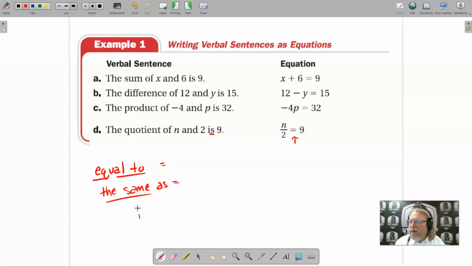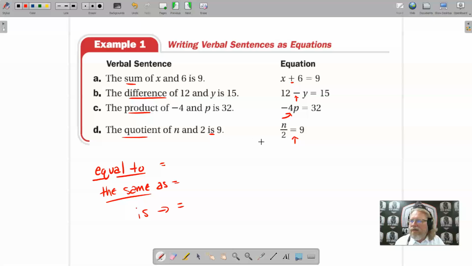And likewise, the word is also shows up as an equal sign. And we know that sum is addition, and we know that difference is subtraction, and we know that product means to multiply. And since there's no sign between the negative 4 and the p, we know that this is multiplication.